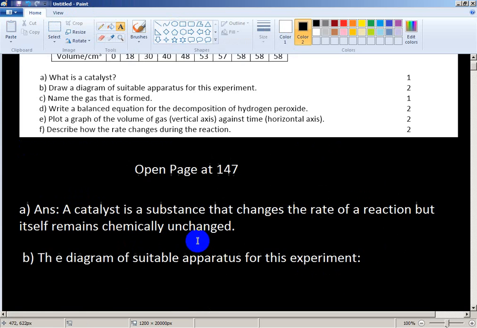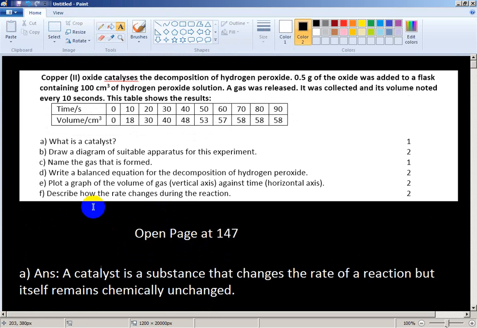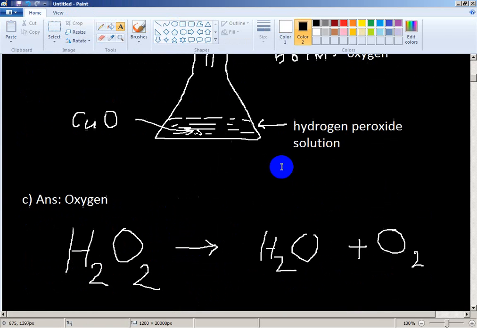Okay, now second question, number D. Write a balanced equation for the decomposition of hydrogen peroxide. Okay, this is the decomposition of hydrogen peroxide. Now I should write the balanced equation. So this is question number D answer.